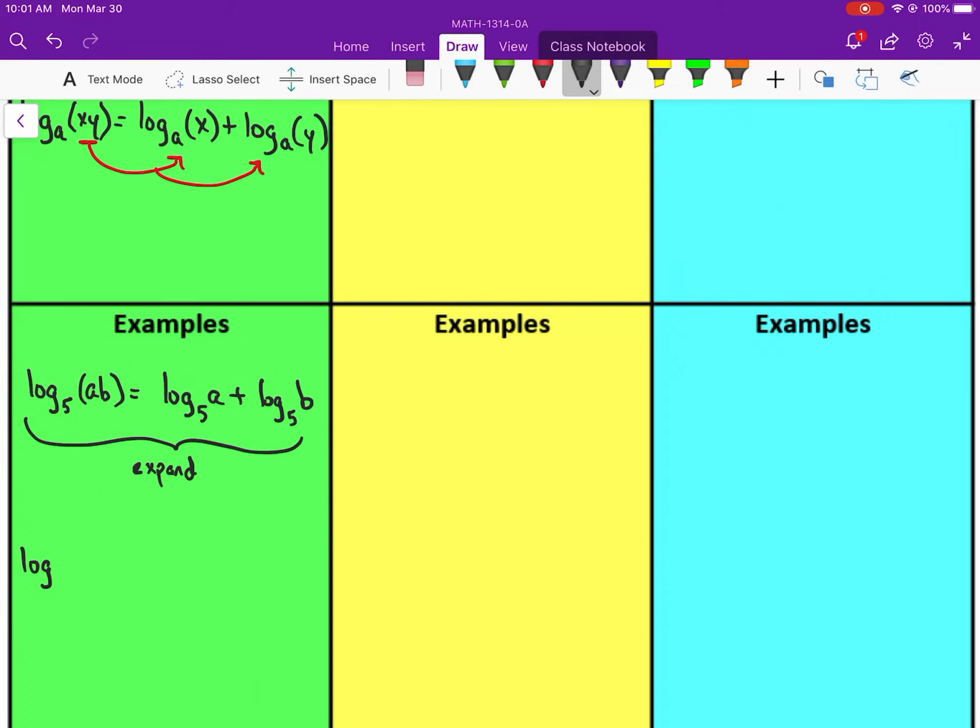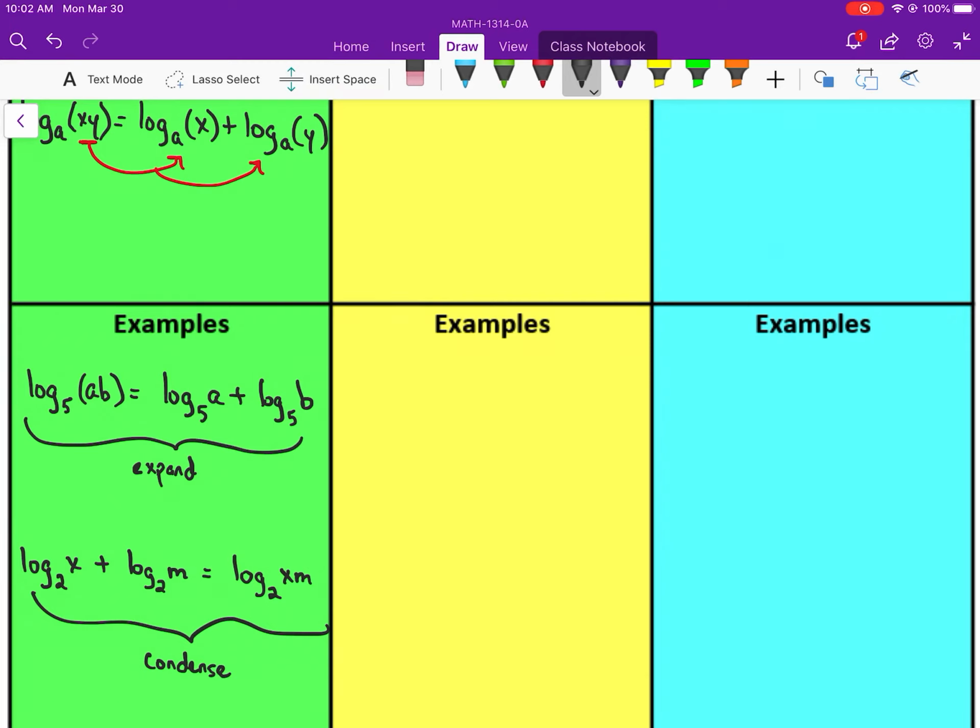All right, so my second example here, I'm going to show condensing. So if we have log base 2 of x plus log base 2 of m, this is going to equal log base 2 of x m.